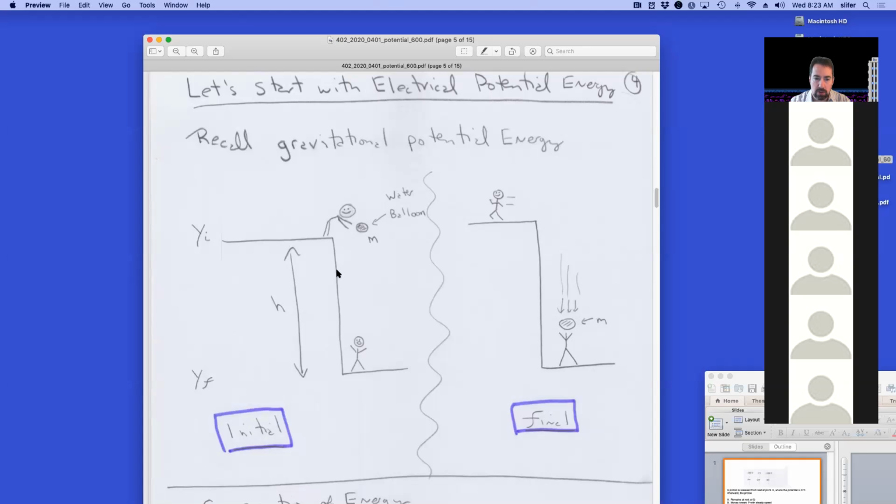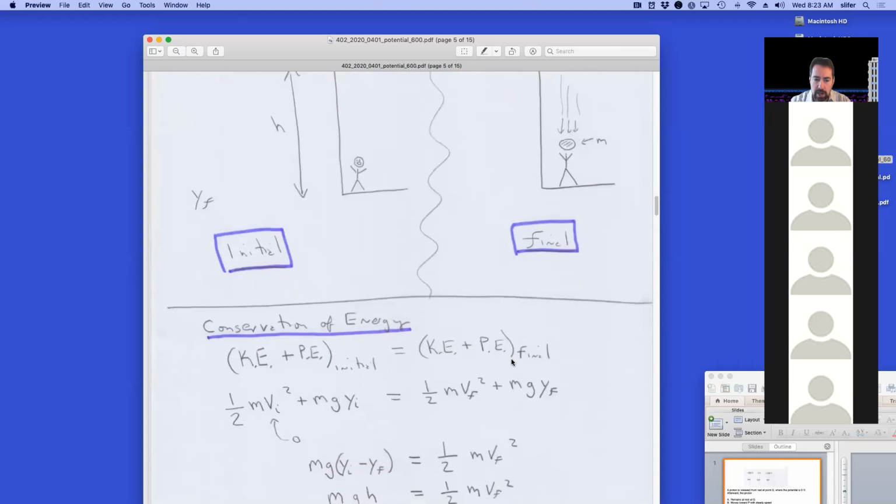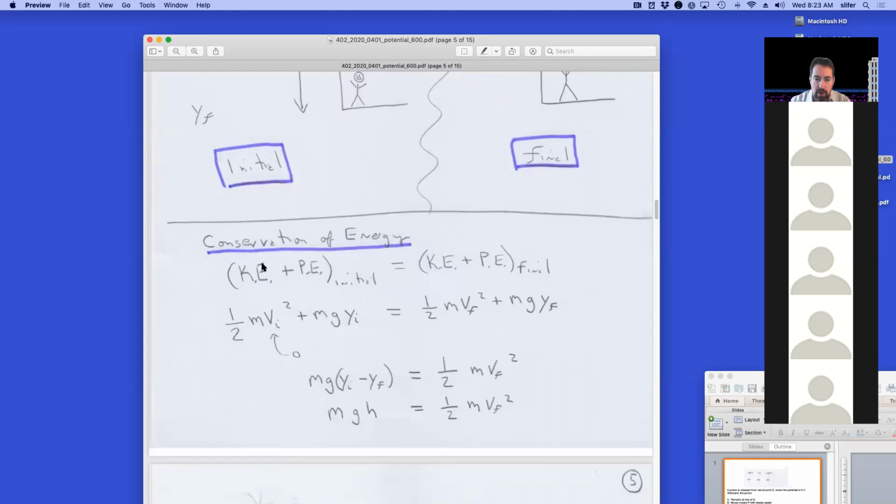So we have an initial state where this mass m is at a height h, at some initial y, and a few seconds later it's at some final height y final. The mass has come down here, and we can use conservation of energy. What conservation of energy tells me is that the kinetic energy plus the potential energy in the initial state is equal to the kinetic energy plus the potential energy in the final state.